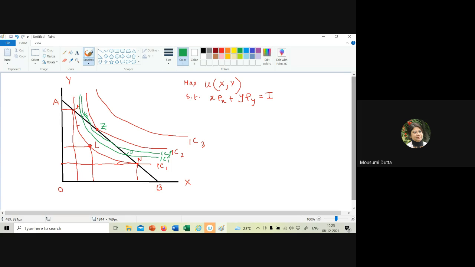We have to stop there, because we will not be able to find any other utility level higher than that which will be affordable to the consumer.